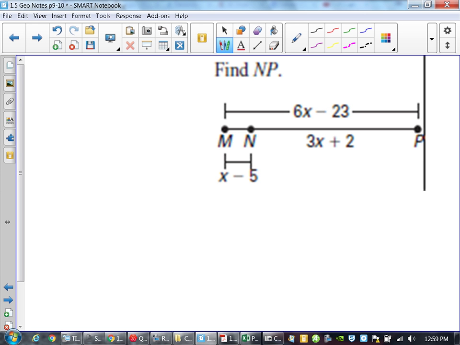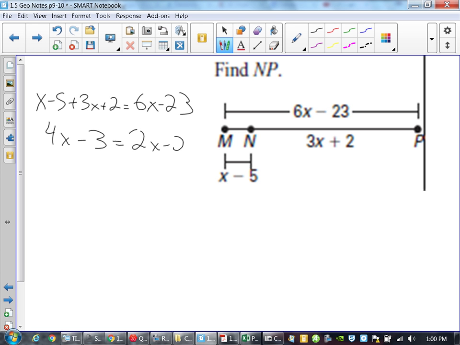So if I look at this one, that is an x minus 5, 3x plus 2. All of that added together has to equal the 6x minus 23. Combine your like terms. 4x minus 3, 2x minus 23.